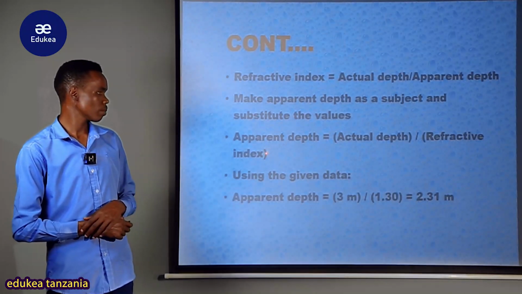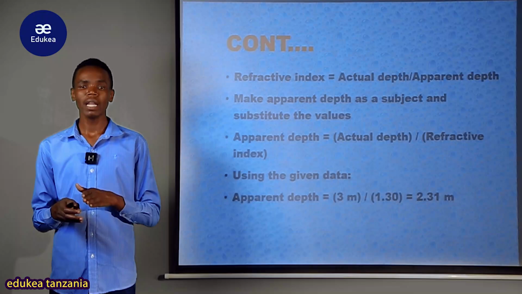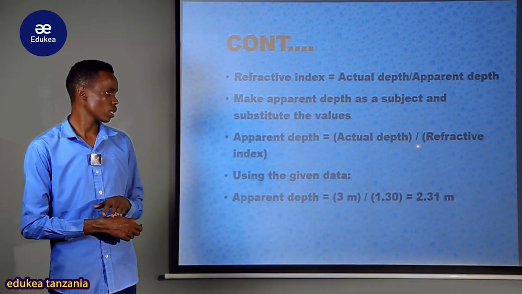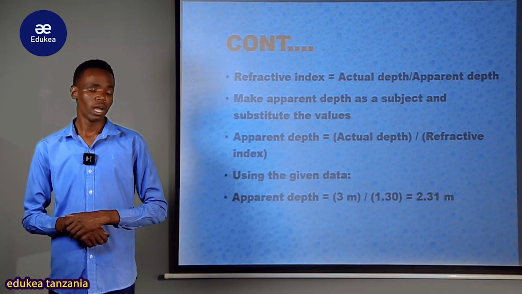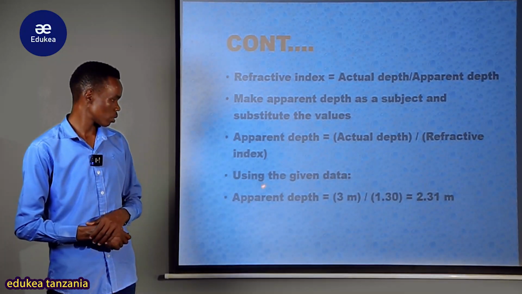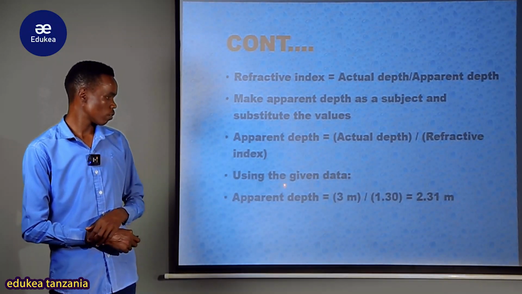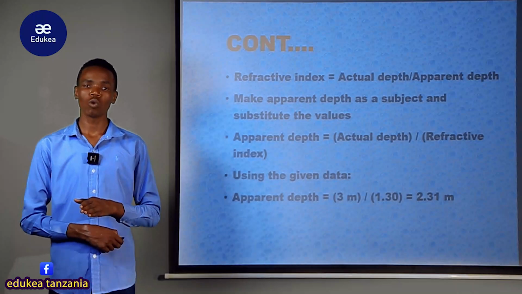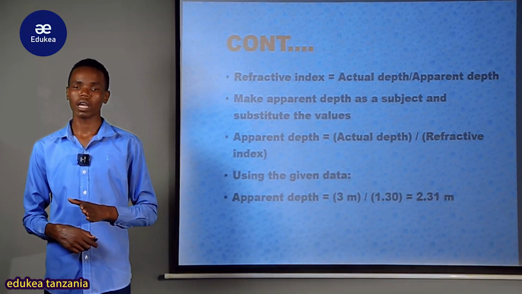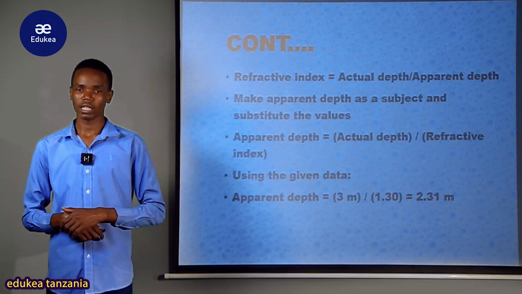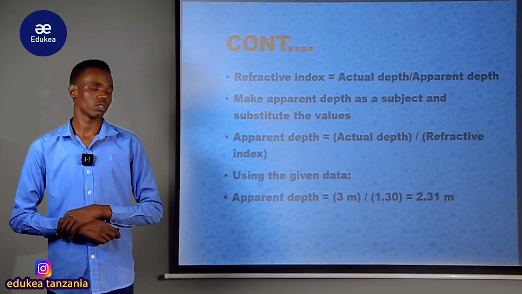After making it the subject, you will get that the apparent depth is equal to the actual depth over the refractive index of water. After that, you can substitute using the given formula. You have to apply your formula here and substitute your data, and after that, you have to solve and get your unknown values.